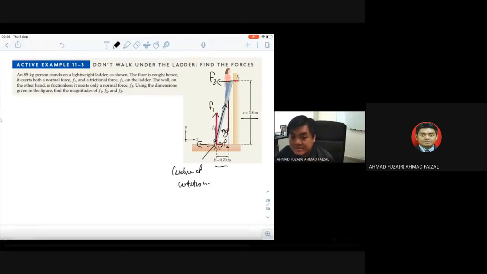Tetapi yang ini dia tidak guna value tu, sebab tak ada nilai pun. Dia hanya bagi ketinggian tangga dan juga jarak daripada center of rotation ke arah perempuan tu, tapi hanya dalam linear saja. A dengan B. Nampak ada A dengan B.